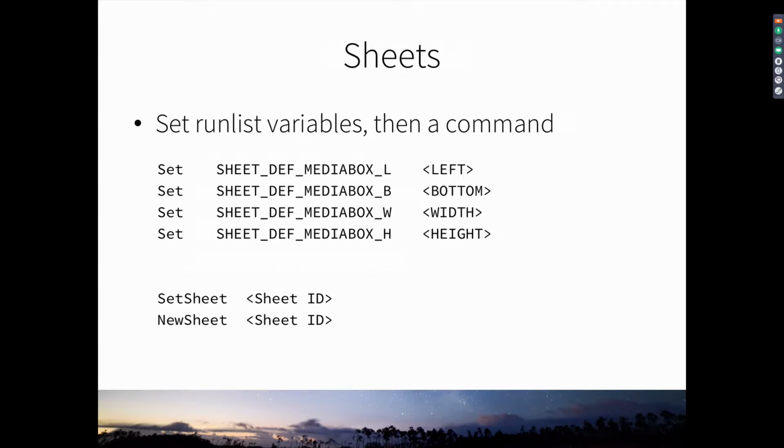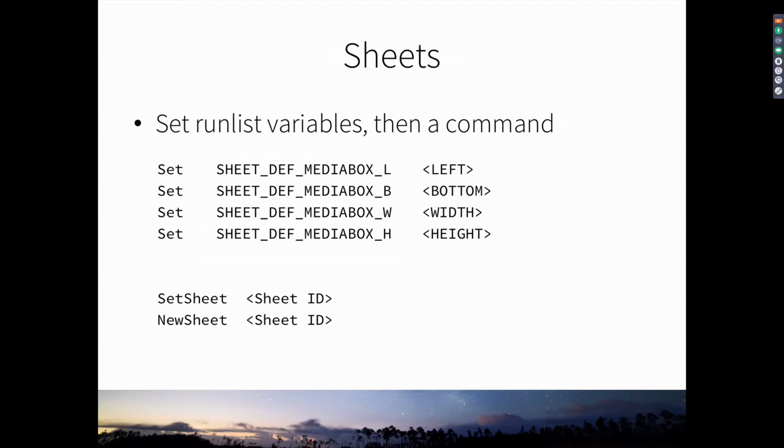The set command takes a variable, either a variable that already exists or a variable that comes in from the command line or from the process plan outside the imposition environment, and it puts a value in there. So if I know that I want a slot, or sheet in this case, that is, let's say, 100 millimeters by 200 millimeters, I could define the left of the media box as 0, the bottom of the media box as 0, the width as 100, and the height as 200.